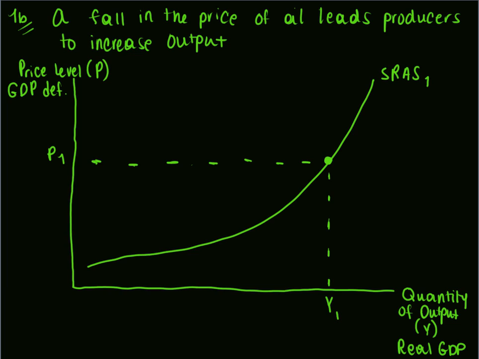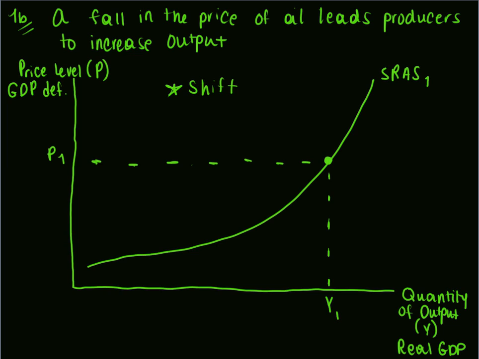So my next step has to be, am I shifting this short run aggregate supply curve to the right or to the left? If I'm shifting it to the right, I'm arguing that the short run supply has increased. If I shift it to the left, I'm arguing that the short run aggregate supply has decreased. So let's consider what happens when you have a fall in the price of oil.